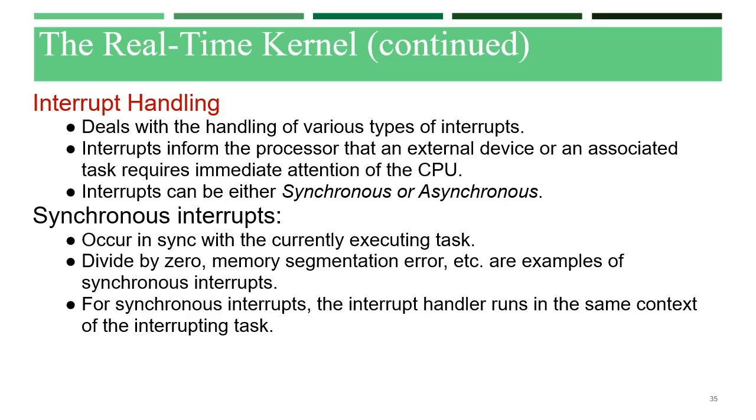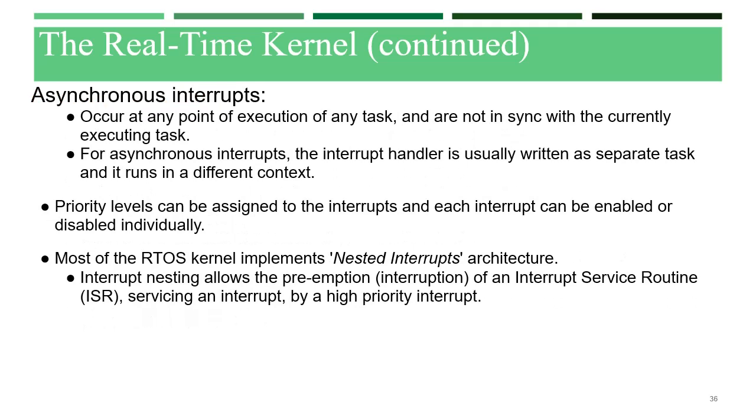For synchronous interrupts, the interrupt handler runs in the same context of the interrupting task. Asynchronous interrupts are interrupts which occur at any point of execution of any task and are not in synchronization with the currently executing task.